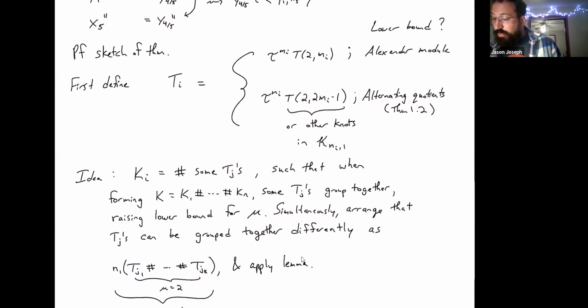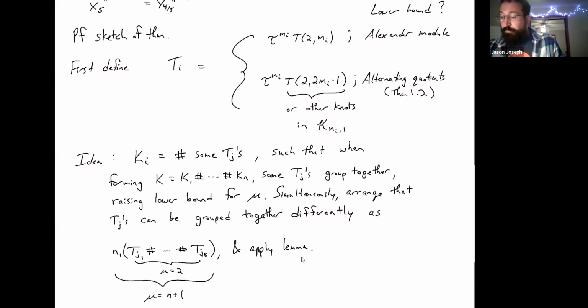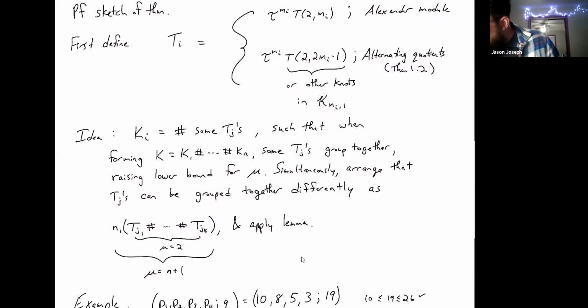The lemma says that you can have any number of those, and as long as the indices are pairwise co-prime, the meridional rank of the connected sum is 2. Then we'll be taking some number of those put together, and by the lower bounds we have, either one of your choice, you get n plus 1 for the meridional rank of a term that looks like this. So that's the idea.